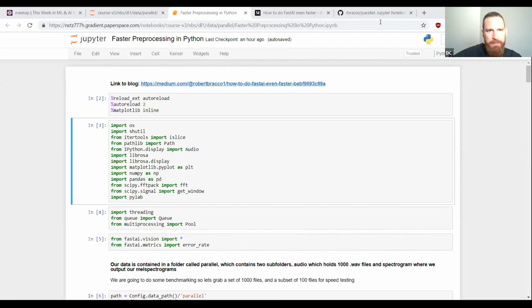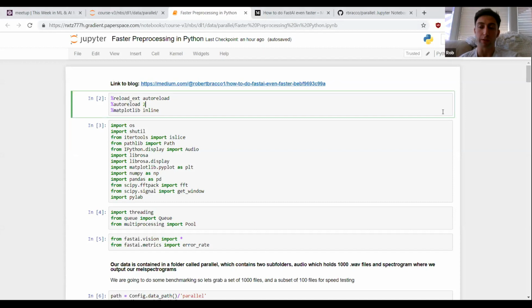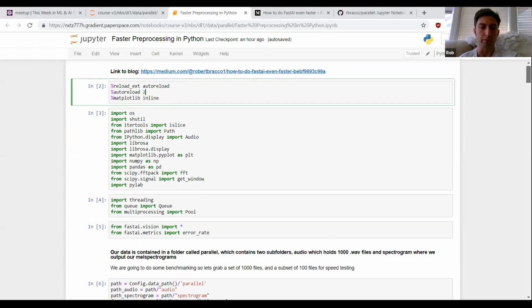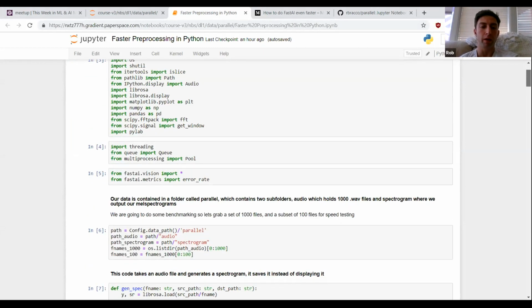Yep. Okay, cool. So I wanted to talk about something that I found really helpful this past week, which was the built-in parallel function in Fast.ai. It comes from a semi-real world problem I had. So I'll go through the notebook here.